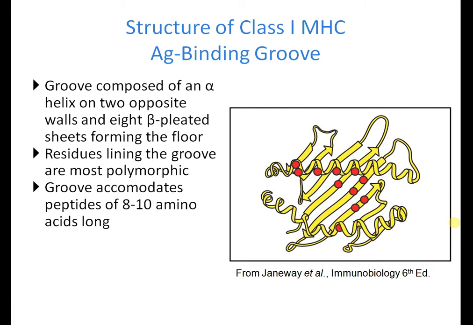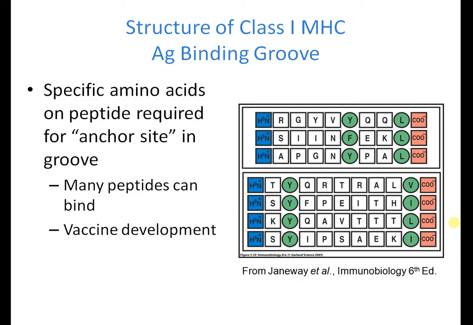The residues lining the groove are the most polymorphic. The groove accommodates peptides of 8 to 10 amino acids. This is the specific structure of the class 1 MHC antigen-binding site.